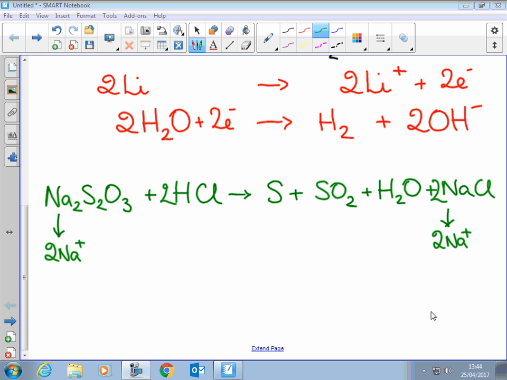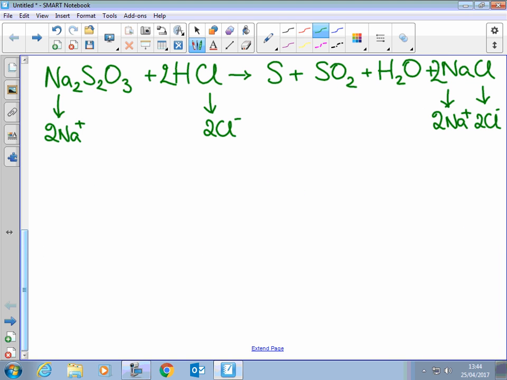Similarly, you've got your two chloride ions here. We ignored those because they also just end up as two chloride ions over here. So this is why we call them spectator ions. We reduced our equation down to just the thiosulfate, because that doesn't exist over the other side. It's completely changed.